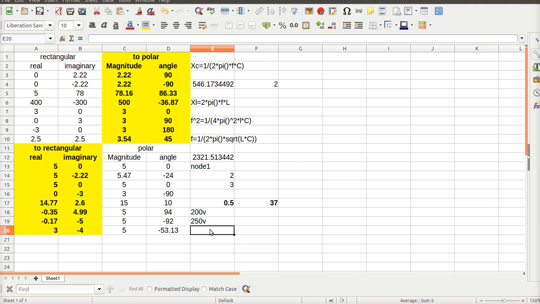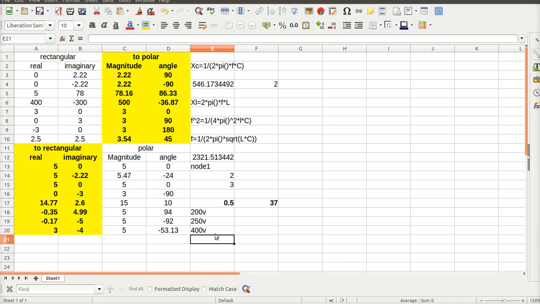And for your capacitance you get a 400 volt drop. So if you were to measure this circuit and you put 250 volts in, you would drop 200 on the resistor, 250 on the inductor, 400 volts on the capacitor.